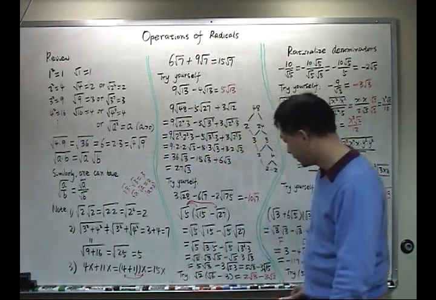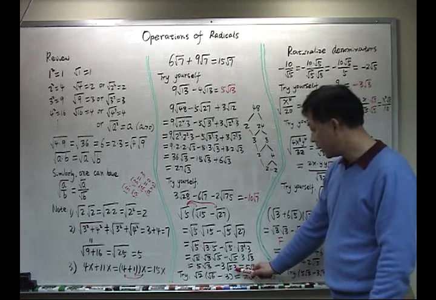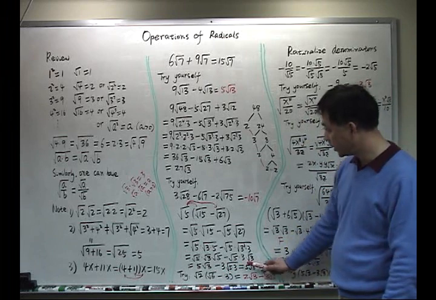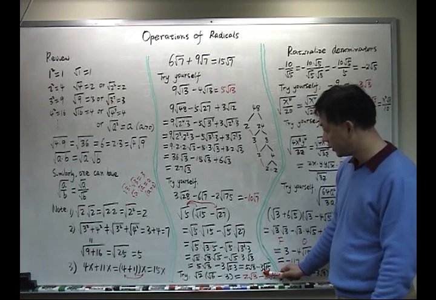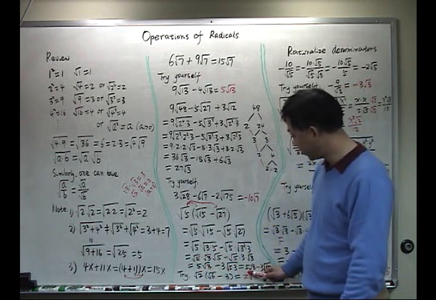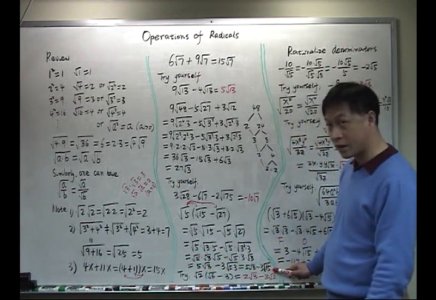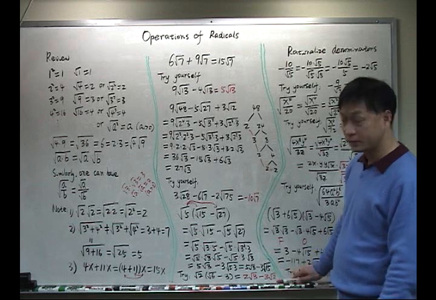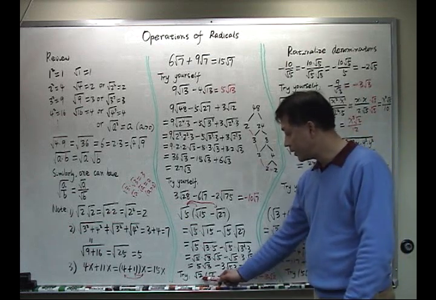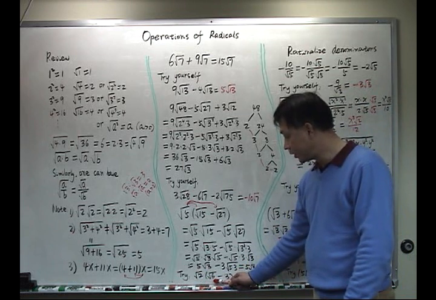Okay. So then we have 3 times 5 inside the radical is 15. We keep 3 down here. And we didn't do anything with 5 times radical 3. And this is the final answer. So do this one yourself. Again, radical 2 times radical 6.